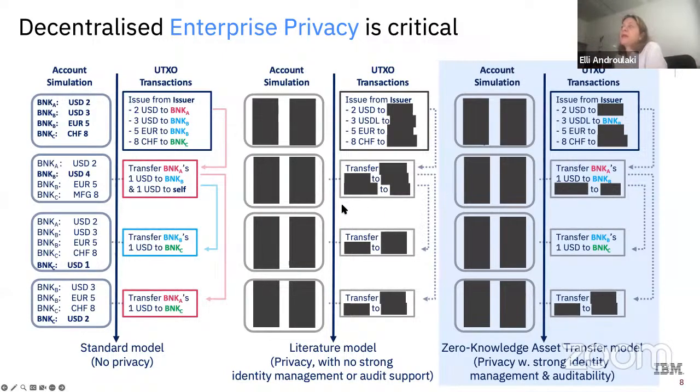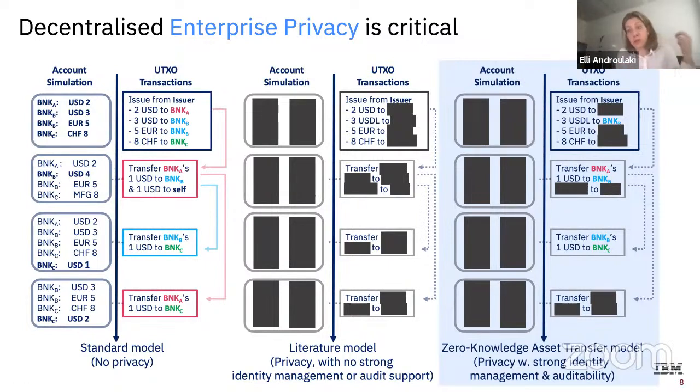In the enterprise setting, which is again compatible with what the central bank, the wholesale central bank digital currency, would look for, we go one step further. In addition to the privacy that the open source community has built, we restrict that privacy into the permissioned setting.